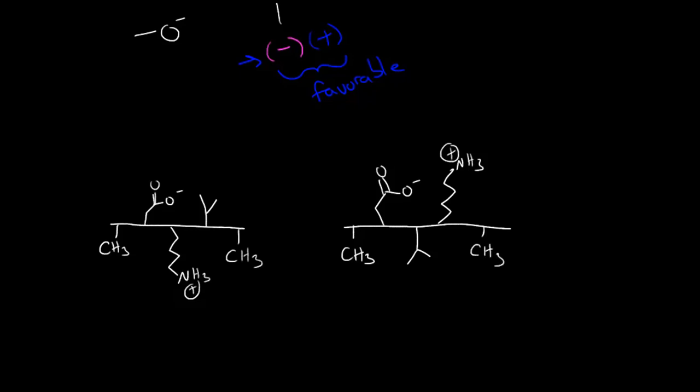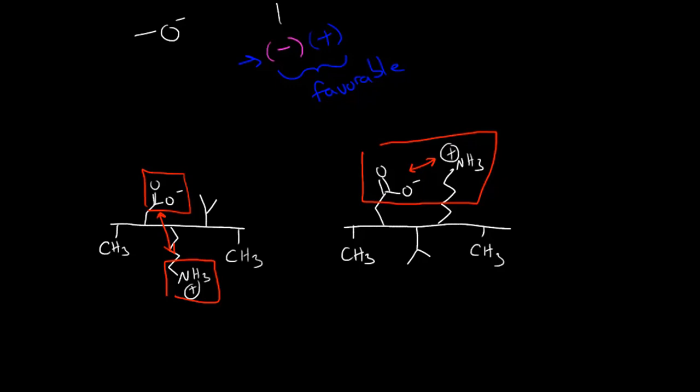So what we can see here is that in our first peptide, we have our lysine and our aspartic acid on opposite sides. So these are really far apart and they won't interact. However, in the peptide where we have the aspartic acid and the lysine on the same side, this actually brings these into nice close proximity.